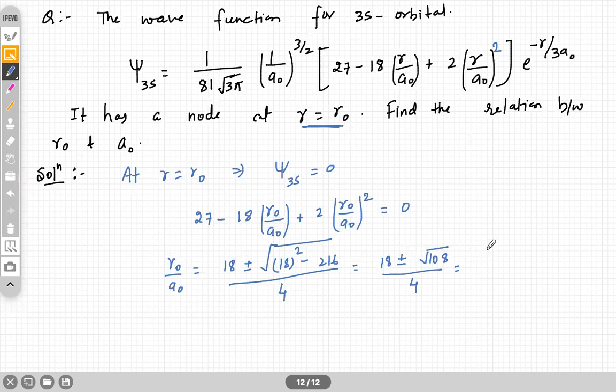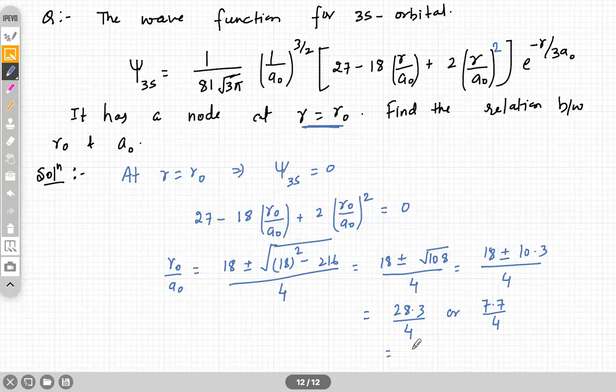10.3. 18 plus minus 10.3 divided by 4. So we'll get here 28.3 divided by 4, or we'll get 7.7 divided by 4. So what is this value? We are getting 7 point something. 28.3 divided by 4 is 7.07.